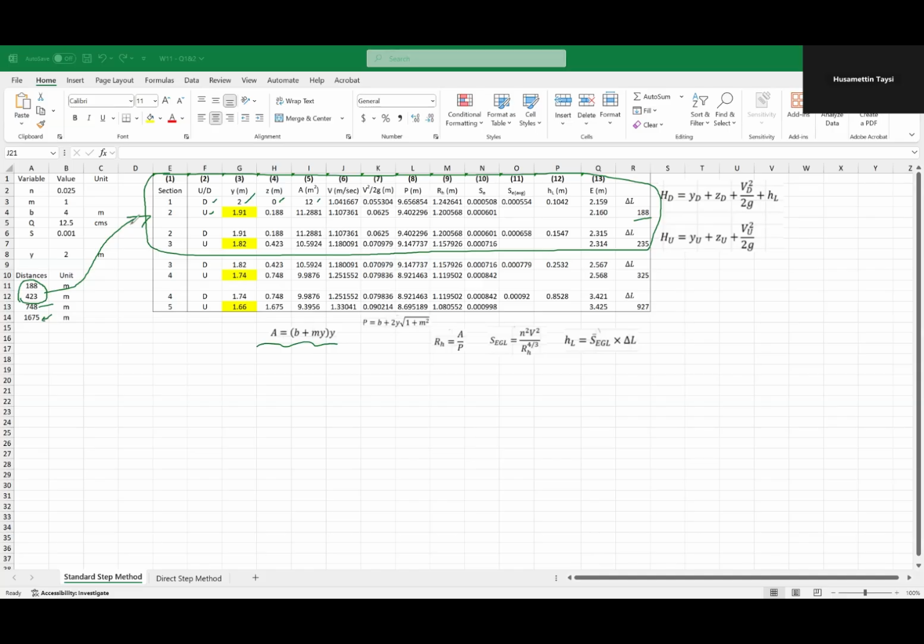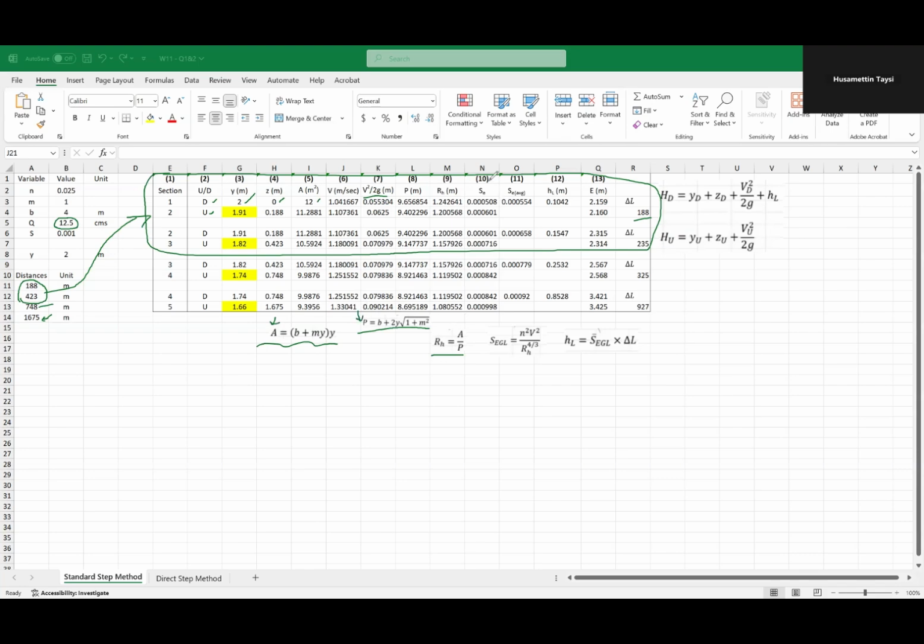For the velocity, we use the continuity equation, which is Q over area. Also in column 7, we find velocity head, which is velocity square over 2g. Then we use this equation, which is weighted parameters for trapezoidal. And for hydraulic radius, we just divide area by perimeter.